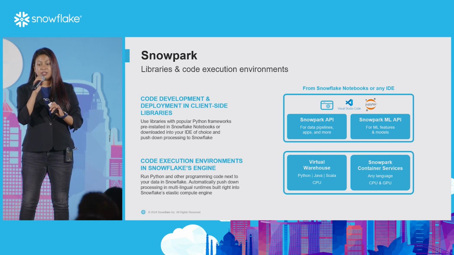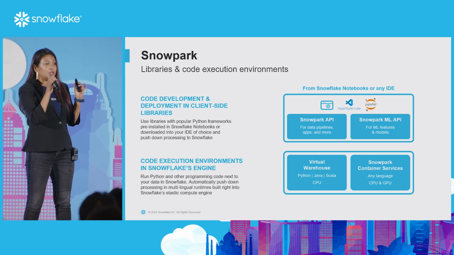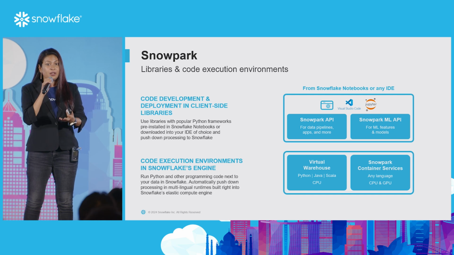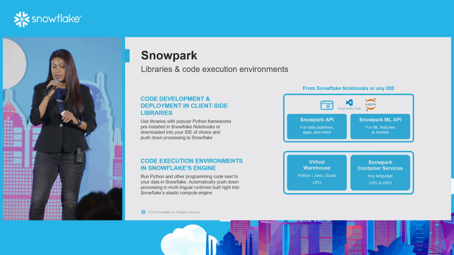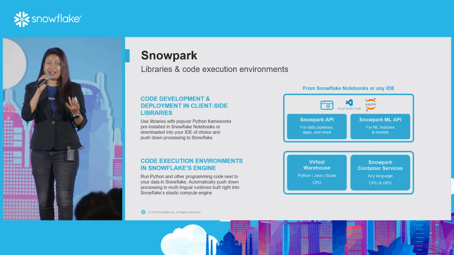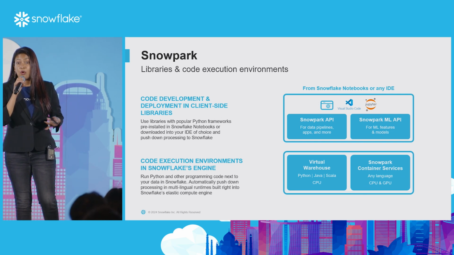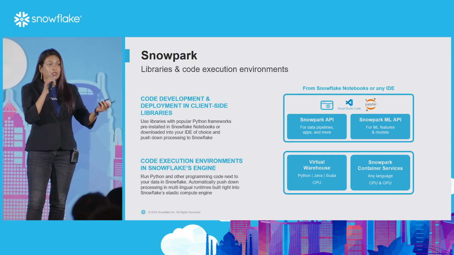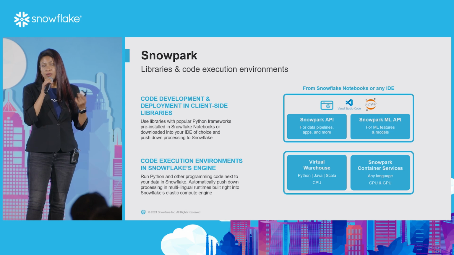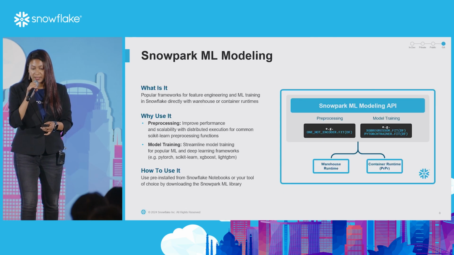So basically, there is no data movement, and your extra cost of taking data out of Snowflake is also not there, and it's much faster. We'll take a look into how it is well optimized and faster than the normal other Python packages as well. And again, on top of it, you can choose your warehouses, CPU, GPU, container services, whichever you want.